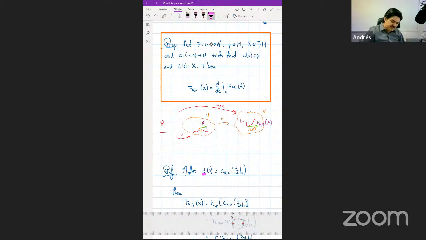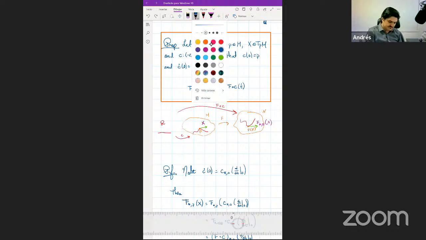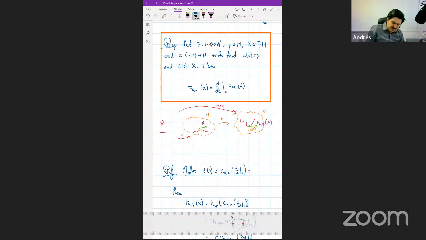So here C is the one from the hypothesis. So instead of x, right, we know that this is equal to our vector x. Instead of x, I'm going to write this right there.